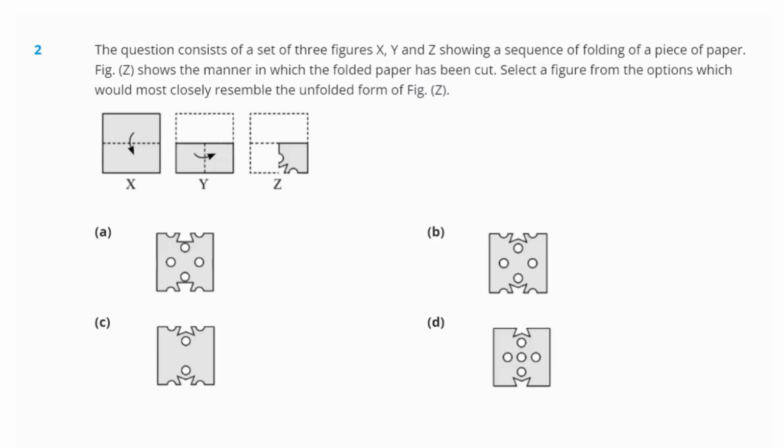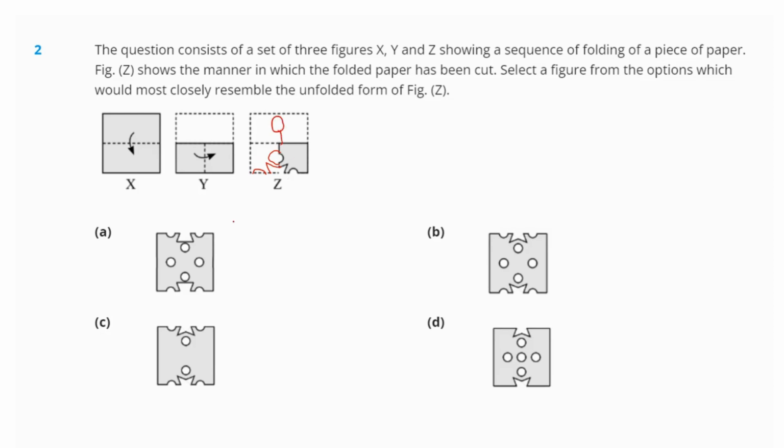The question consists of set of 3 figures x, y, z showing a sequence of folding of a piece of paper. Figure Z shows the manner in which the folded paper has been cut. Select a figure from the option which would closely resemble the unfolded form of Z. Let's unfold the Z here. So this will be circle in this way, this will be this way, this will be this way.